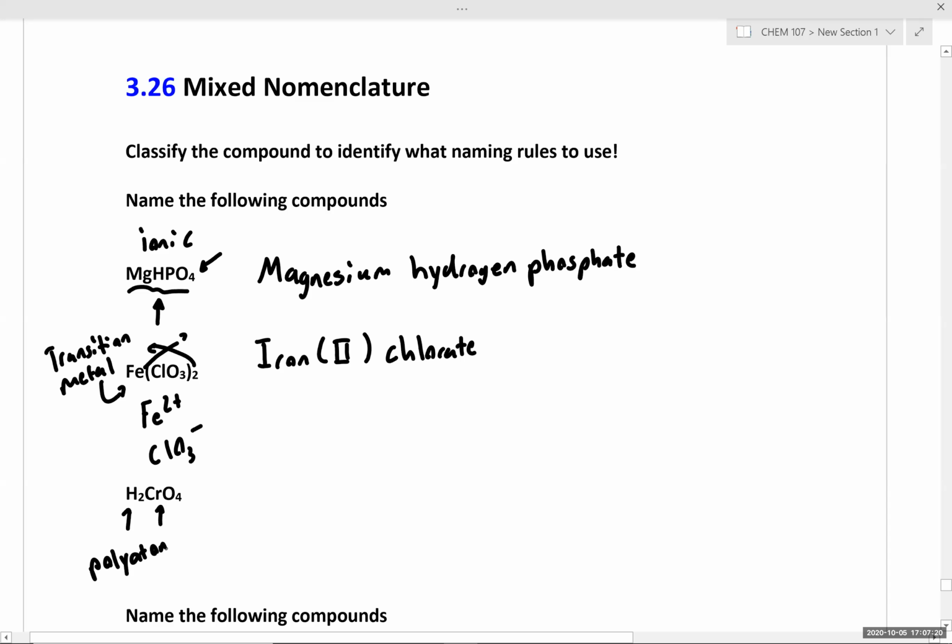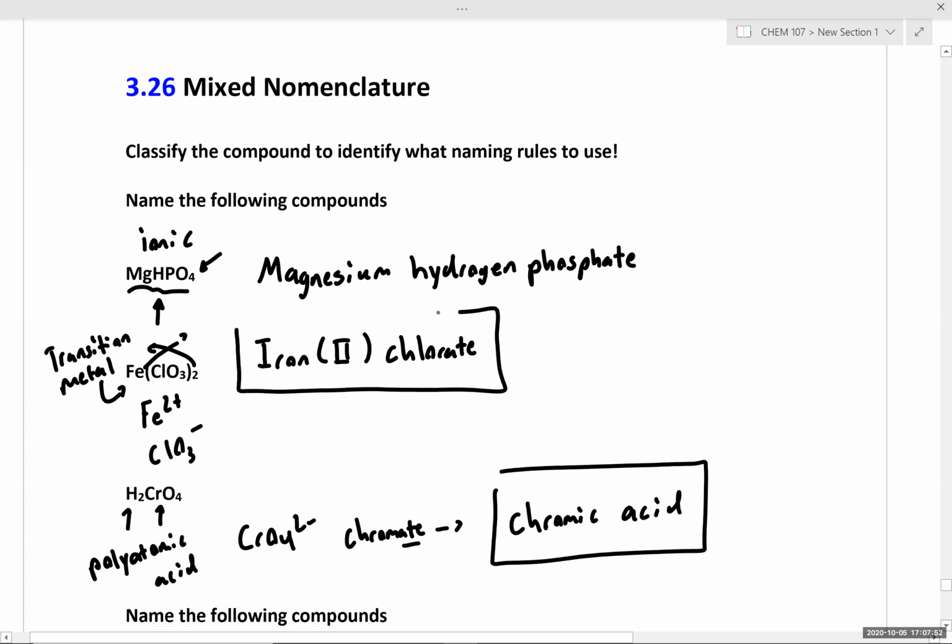So this is a polyatomic acid, and as such, we name it using our acid conventions. So CrO4 2- is known as chromate. The ate ending turns into ic, following our polyatomic acid nomenclature rules. So this would be chromic acid.